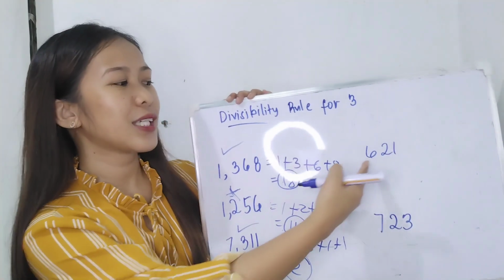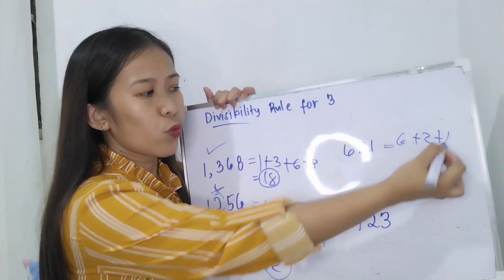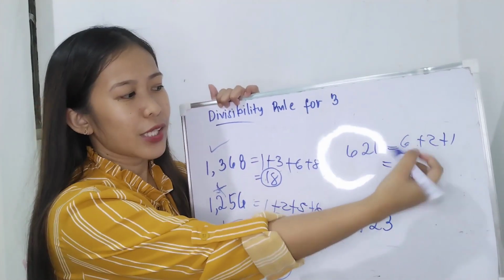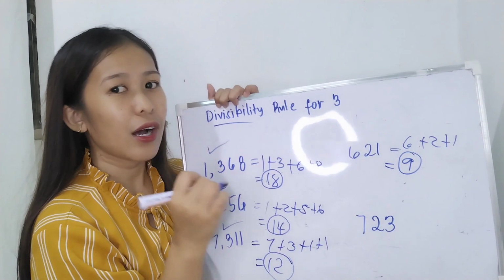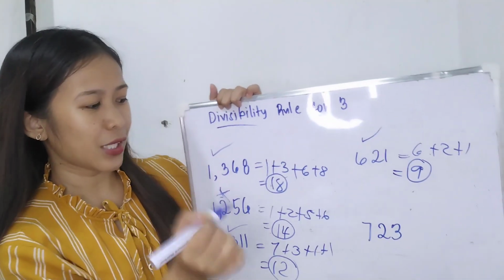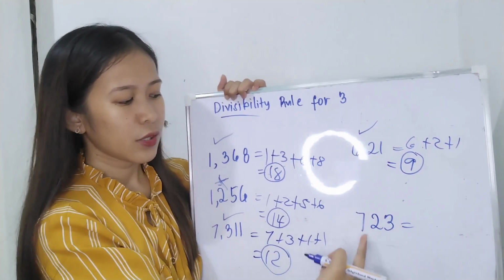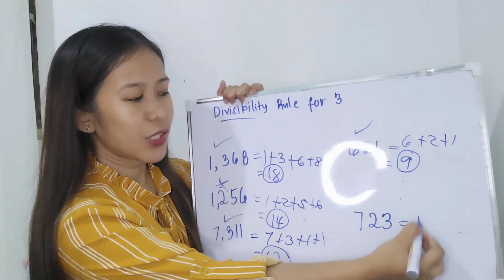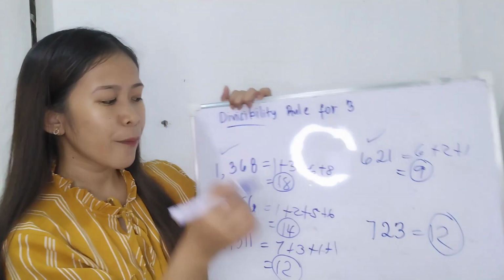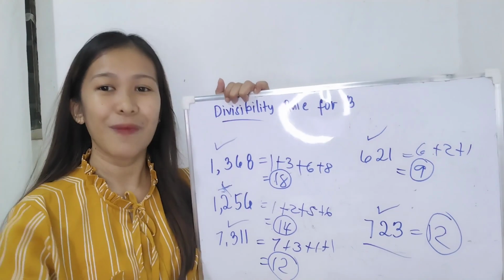Next is 621. 6 plus 2 plus 1: 6, 7, 8, 9. 9 is, of course, divisible by 3. So that's divisible by 3. And then 723, let's see. 7, 8, 9, 10, 11, 12. Oh, it's 12 again. Therefore, this 723 is divisible by 3.